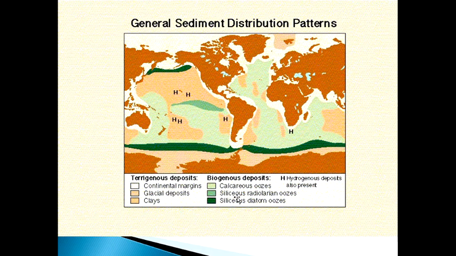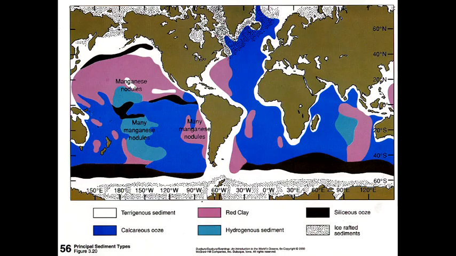If we map these things in a different way, you can sort of see the same thing as before: hydrogenous deposits, calcareous oozes, terrigenous or continental margin deposits shown in white. I put this up here just so you see a different map of the same thing. But if I go back to this one, again, you would see terrigenous as white near the continents.